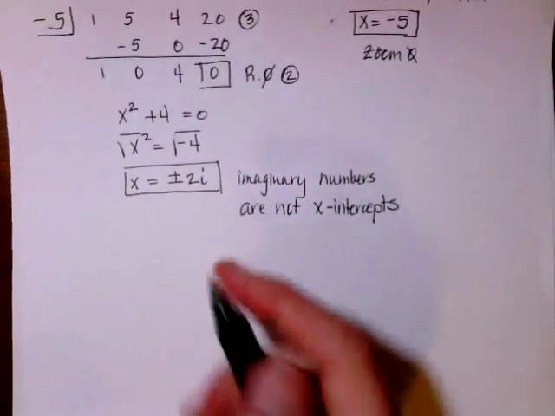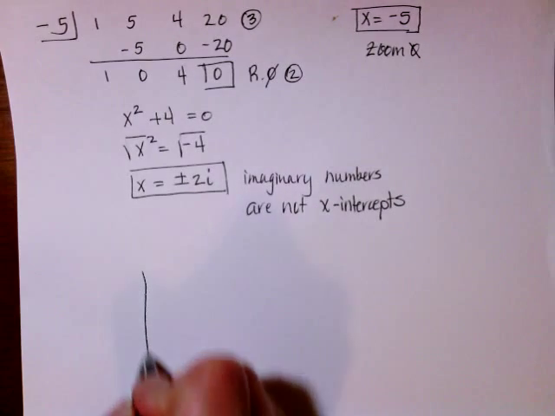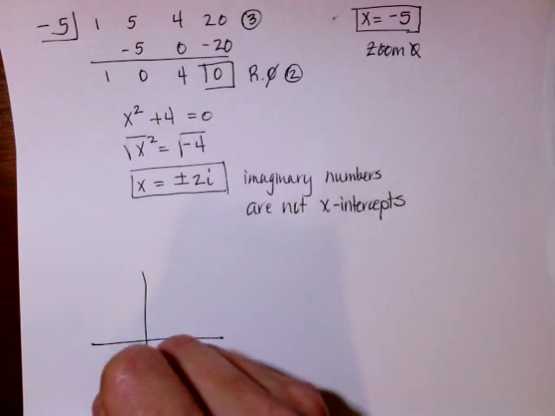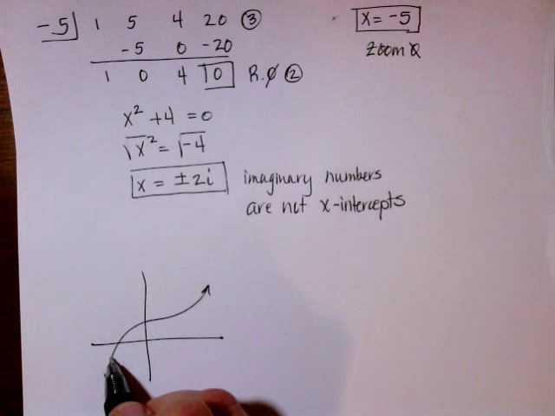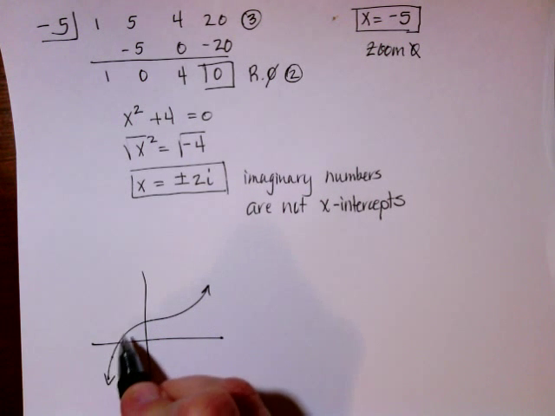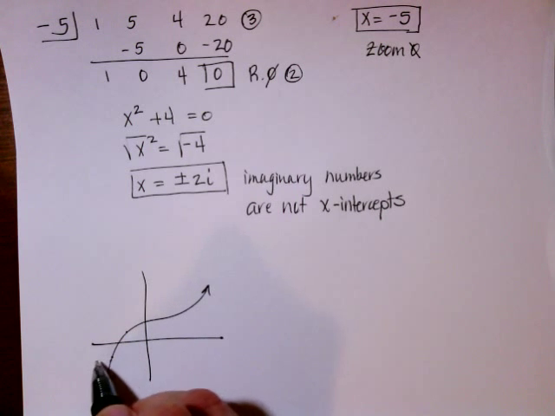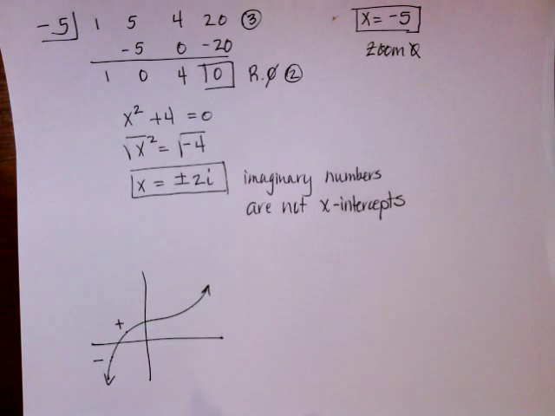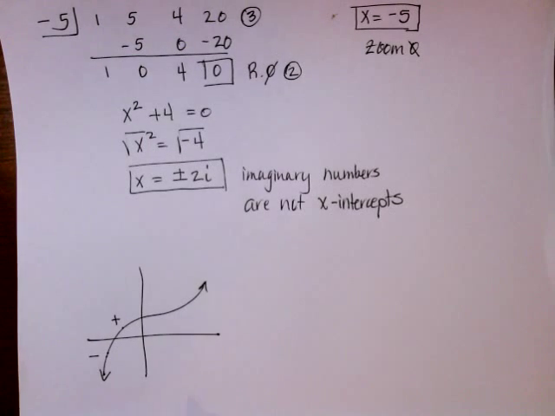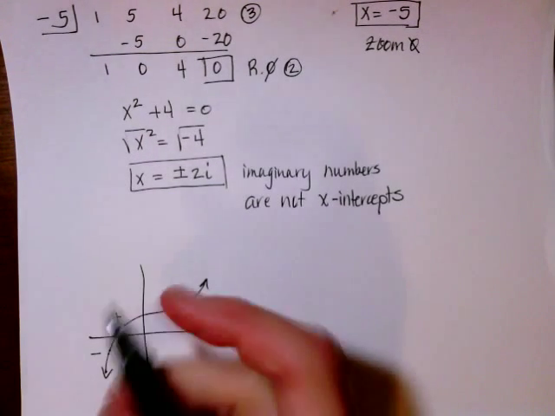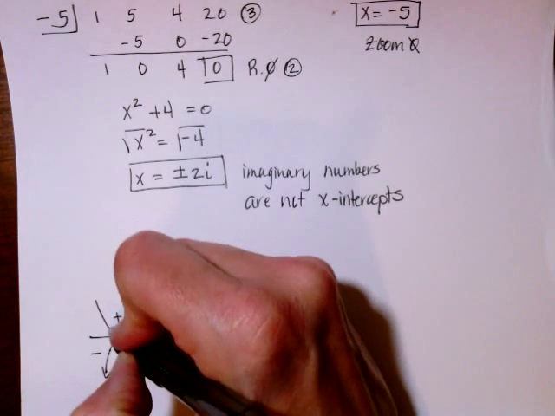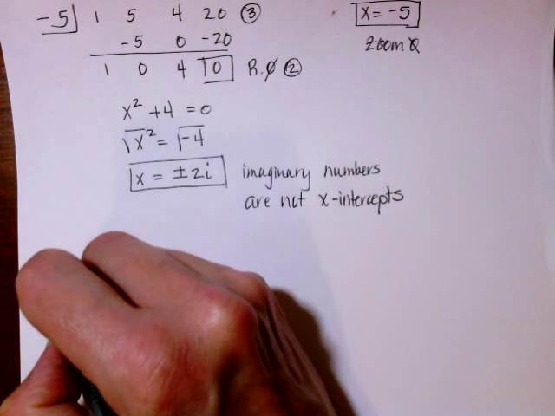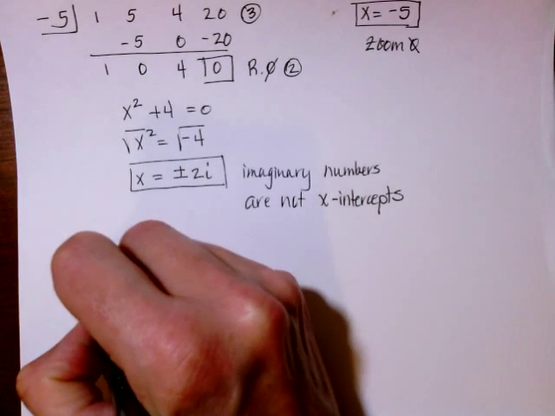If I have a graph, and let's say my graph did something like this. If you'll notice, it goes from one side of the x-axis to the other side. This would be the negative side. This would be a positive side. There's a sign change in the y values, which means that that particular point is going to have a multiplicity.